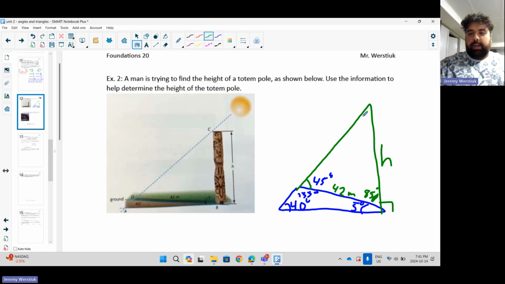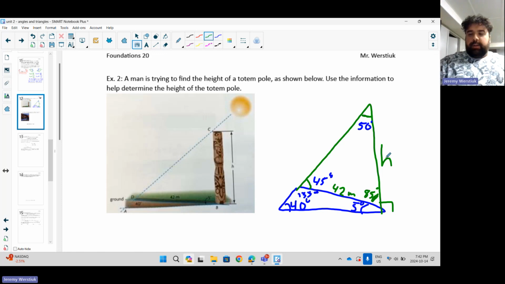So you can see here, I can find this one last angle right here because I've got 85, I've got 45, and this last angle up here should add to 180 degrees. And if I go 180 minus 85 minus 45, I will get 50 degrees, which works, right? It's all acute angles in here, except for this 135, but that means we're probably not going to deal with it.